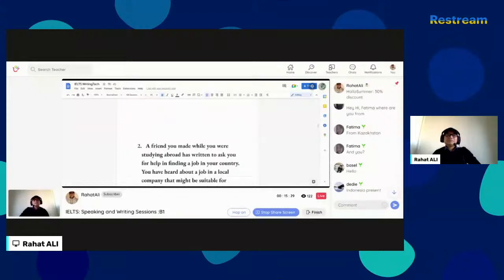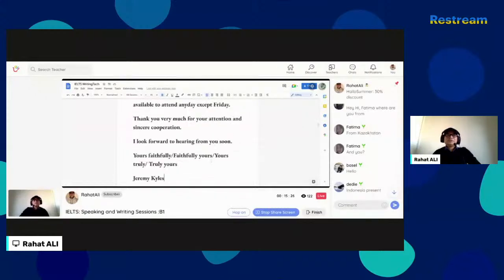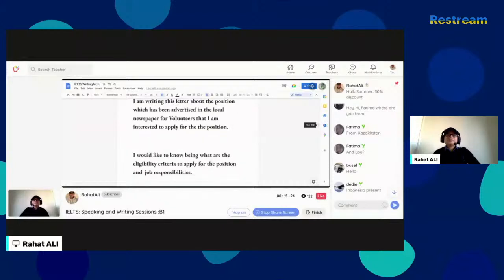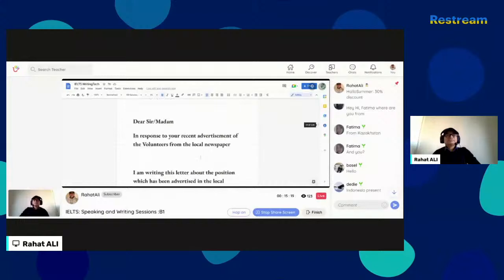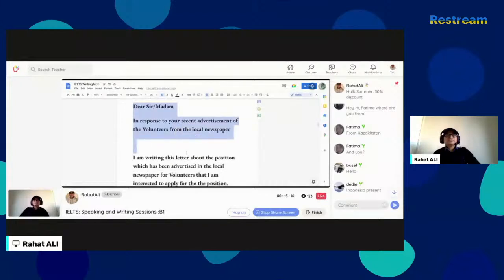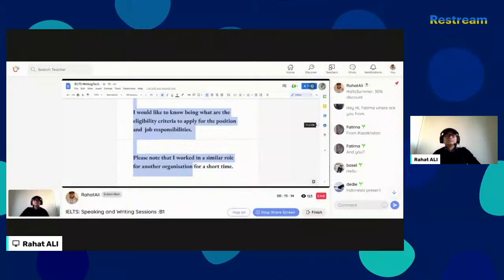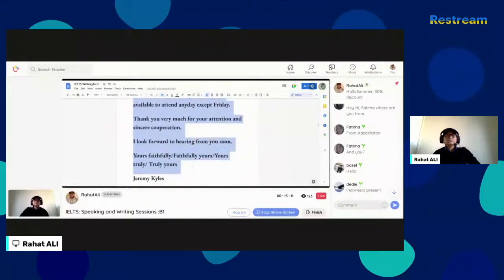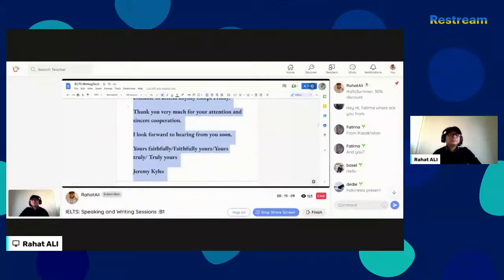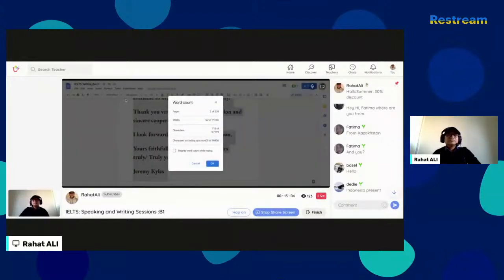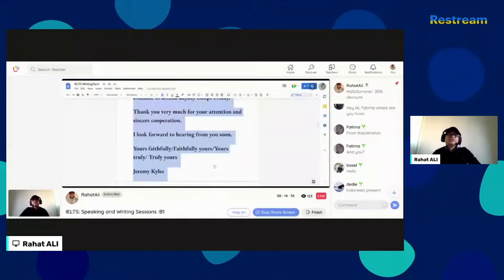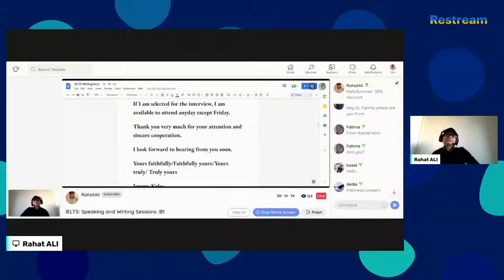So this is a practical writing topic, a letter. Now let me check how many words you have used. We have used around 122 words.